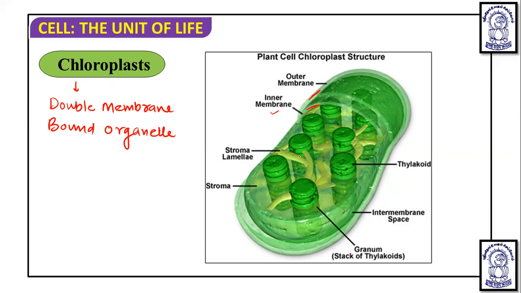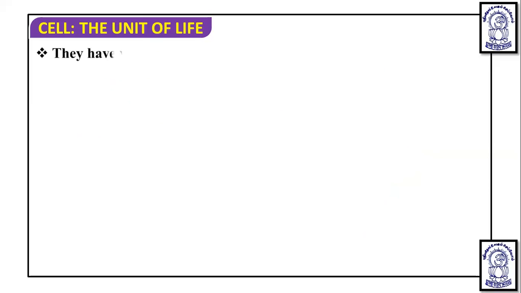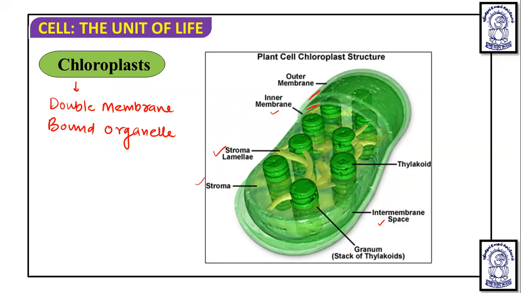These grana are connected through the stroma lamella, and the fluid present in that region represents what? A stroma. And between the outer and inner membrane, you will see the presence of the intermembrane space as well. So this is the general overall structure, but obviously, we have to discuss them in a proper manner.